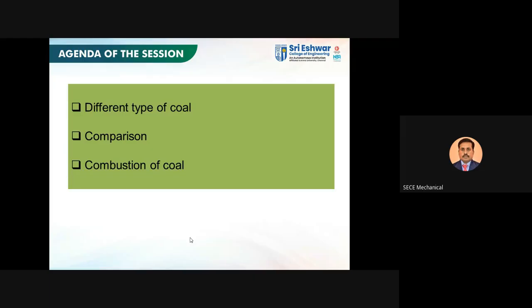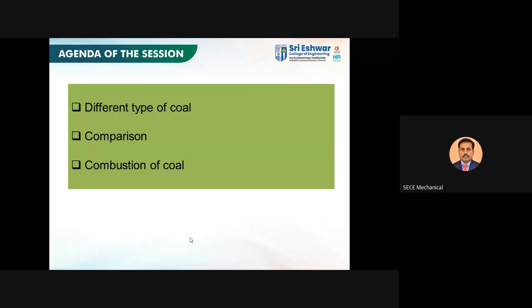So shall we move to today's agenda of the session? We are going to discuss three agenda items. First, what is meant by coal and what are the different types of coal. After that, we are going to discuss the comparison between different types of coal. Normally, coal is not a single one, it has different varieties.